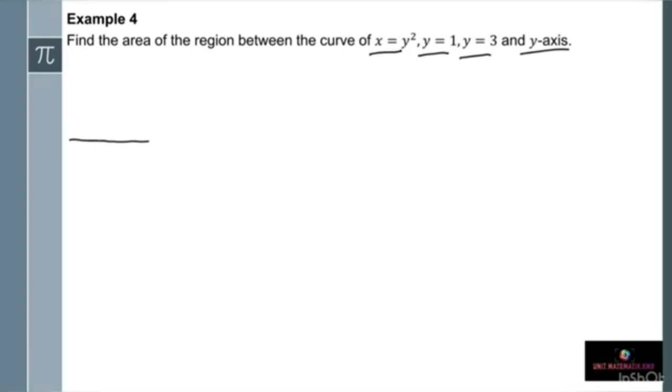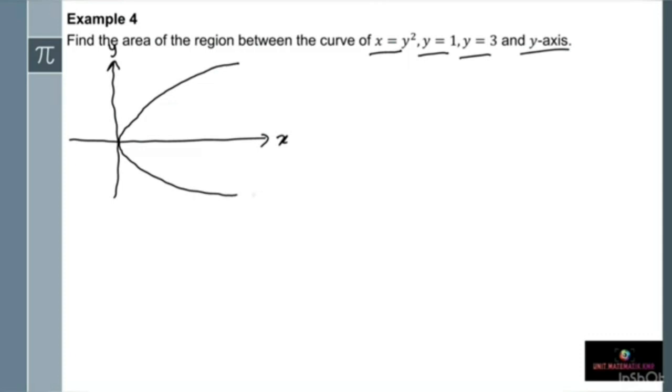This one is x, this one is y. So x equals y squared, we have something like this. Then y equals 1 somewhere here, and another one is y equals 3 somewhere up here.